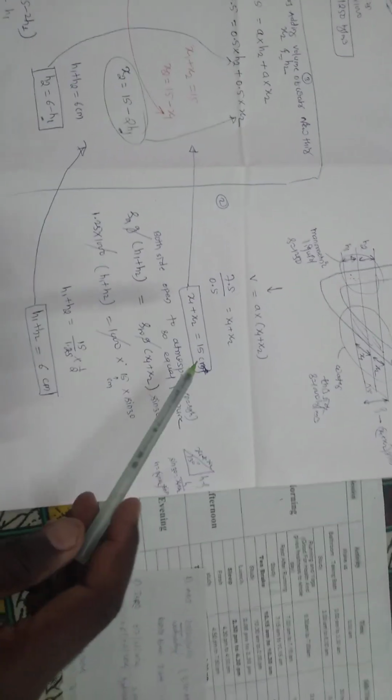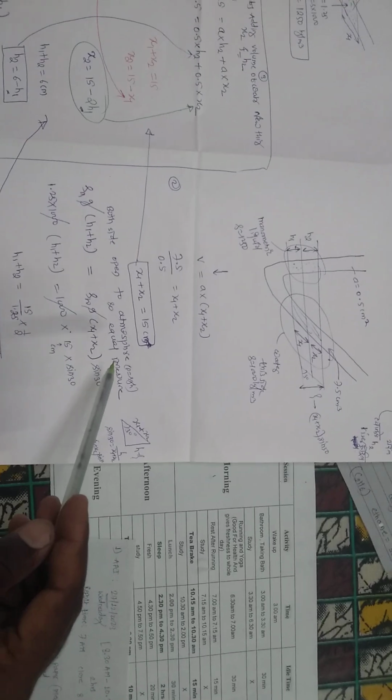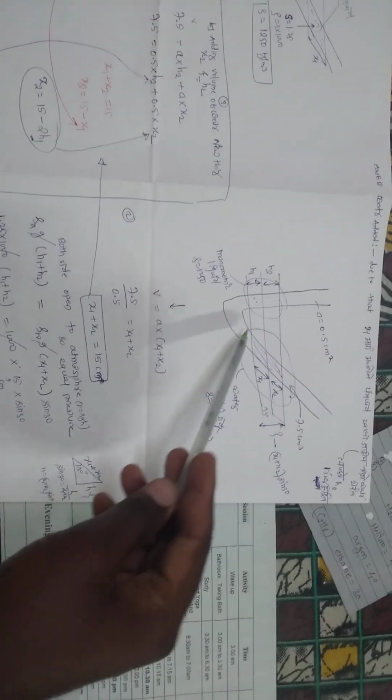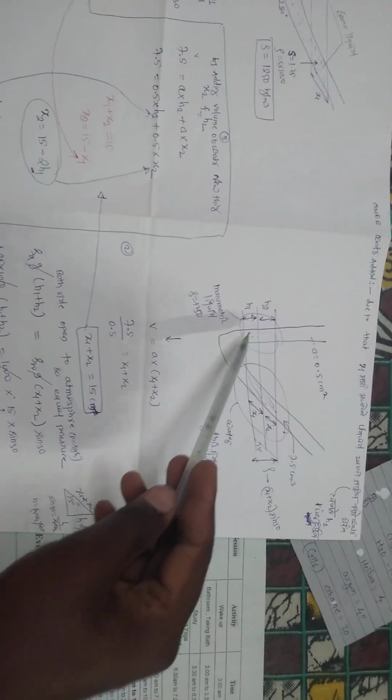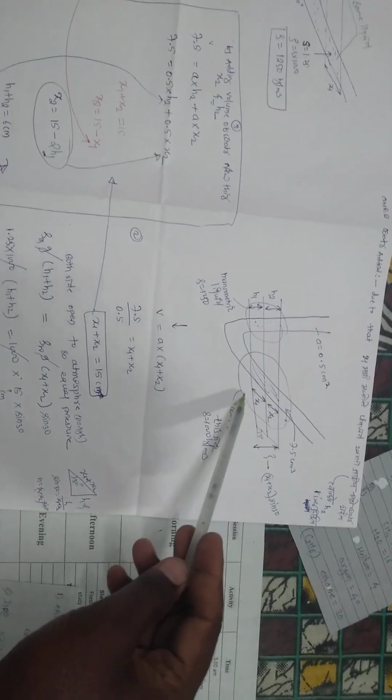Remember this value. Now what we need to do in the third step: apply the equal pressure principle, because this is the atmospheric pressure, here also atmospheric pressure. Pressure is equal to rho gh. Now for calculation of pressure we require the vertical height. Here we have by default vertical height h1 plus h2, but here we need to calculate total height with the help of sine formula, because they have given sine 30.